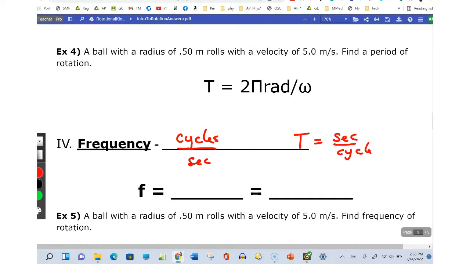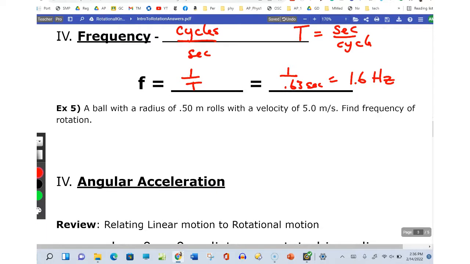Cycle is a circle, a full rotation. So frequency is 1 over T, and period is the inverse. They're inverses of each other. So for the frequency above, if I take 1 divided by 0.63 seconds, I get a frequency of 1.6 hertz.